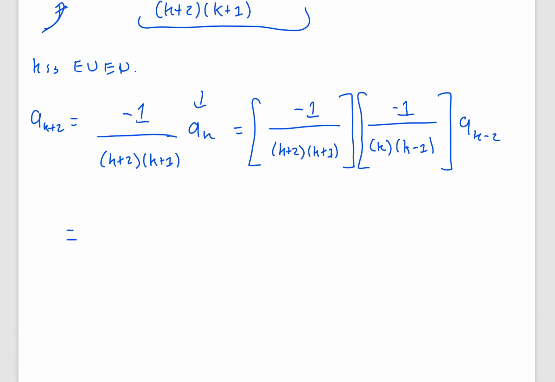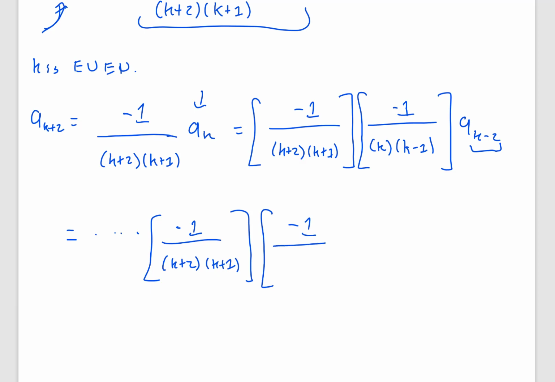And now, if I wanted, I could write a_{k-2} in terms of a_{k-4}. So I can continue this pattern all the way down until k-2 is equal to 0. I'm going to have a factor like -1 over (k+2)(k+1), the next factor -1 over k(k-1), and this is going to go all the way down, and the last factor is going to have something times a_0.